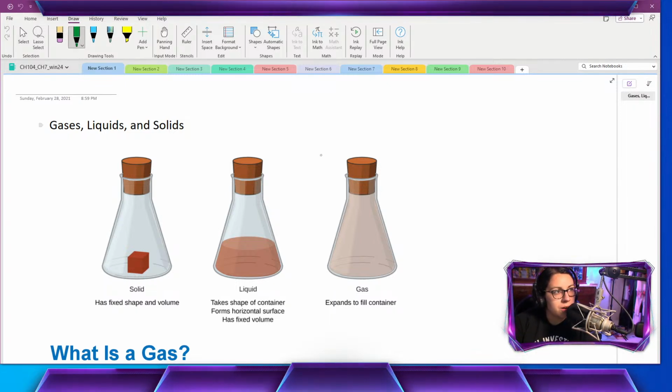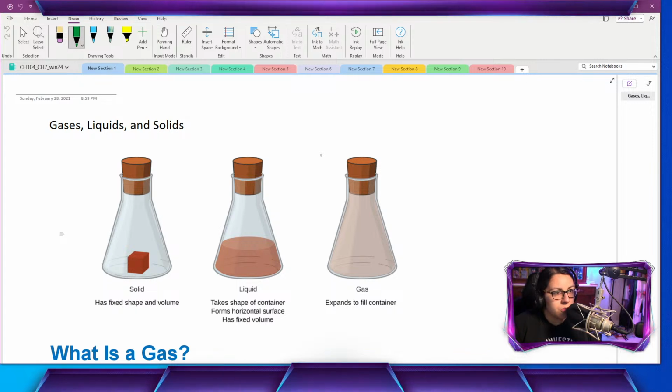All right, so we have our gases, liquids, and solids. Again, this should be general knowledge, but let's just go over it so we're all on the same page. So a solid, we say, has a fixed shape and fixed volume, or I would say determinate. Right, so we can't change that, or it holds its shape.